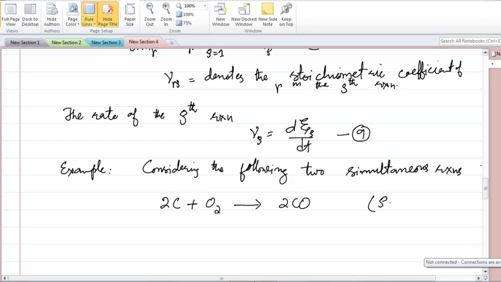Suppose you can write it as rho is equal to 1. That is the first reaction. Next will be carbon reacting with oxygen to form carbon dioxide. So this is reaction number 2.